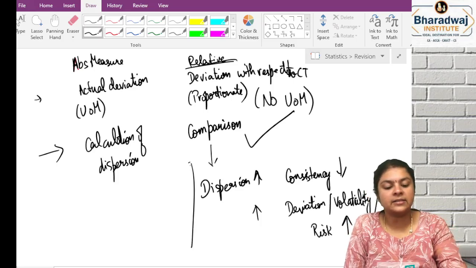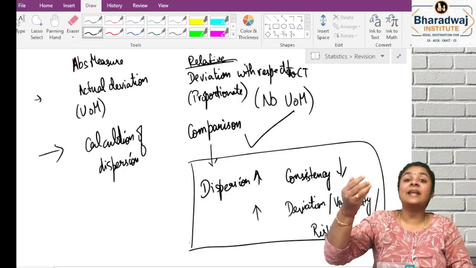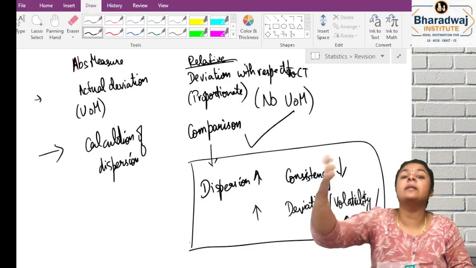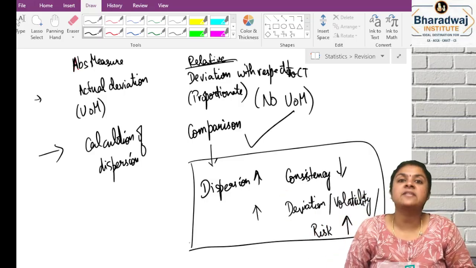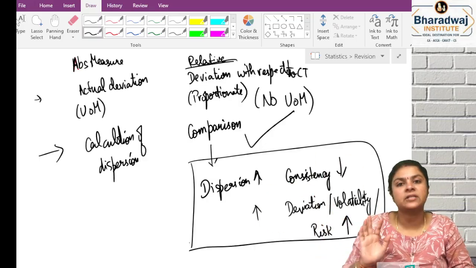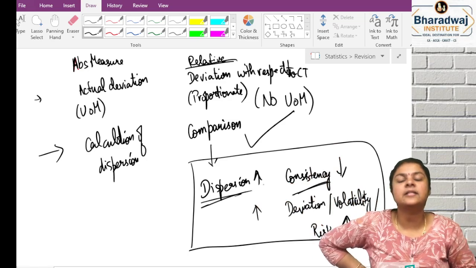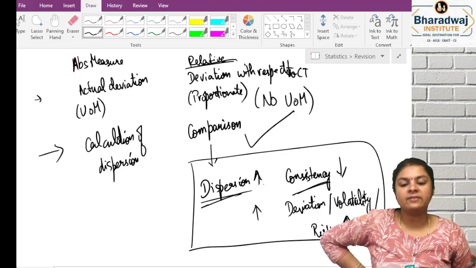So remember this. If they ask which is more consistent, whichever has the lesser deviation will be more consistent. Whereas if they ask which is riskier, the one with more deviation will be riskier. So remember the relationship between each of these terms and dispersion. Clear with these basics?